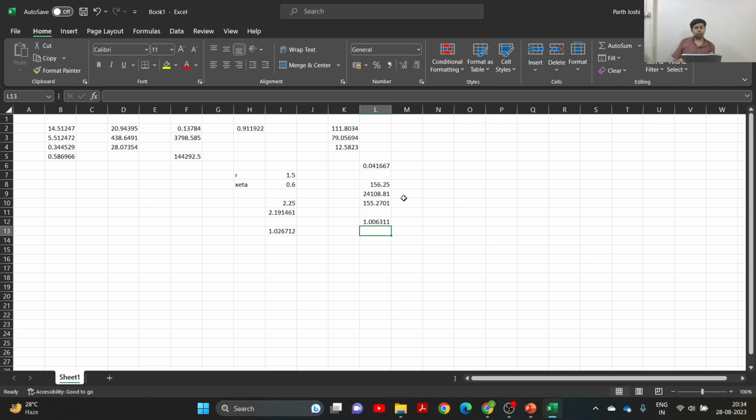So y will be z divided by 1.006311, which is nearly equal to z itself. So y will be nearly equal to 4 mm itself. So I guess the correct option is option D.